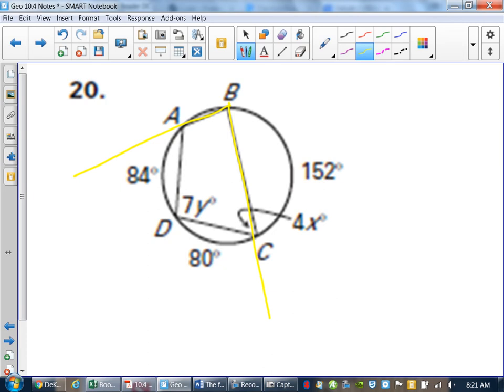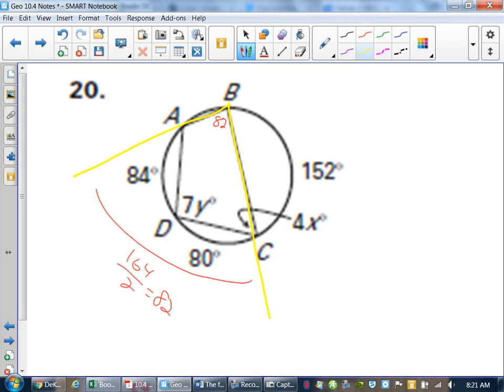Okay, everybody see that? So if angle B runs into 164, what is angle B? 82. This whole arc here is 164. Half of it gives me 82. Angle B is 82.